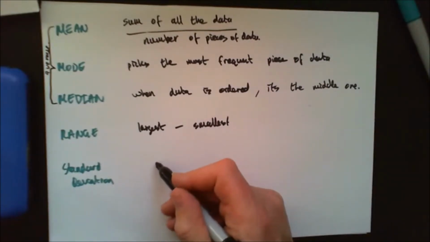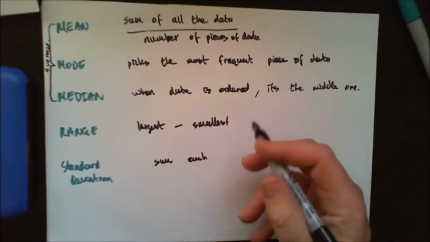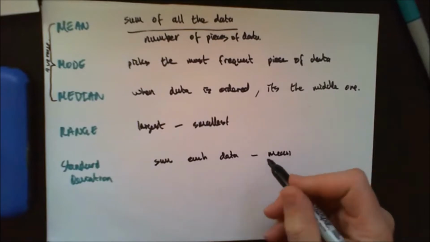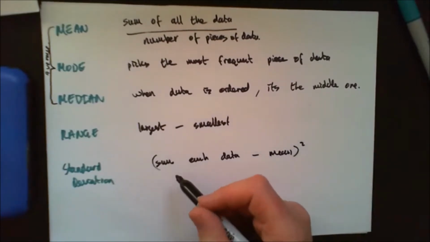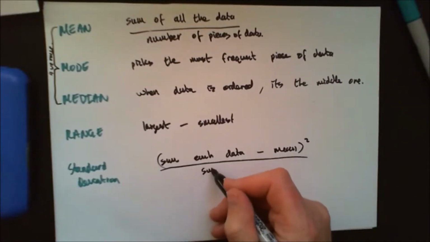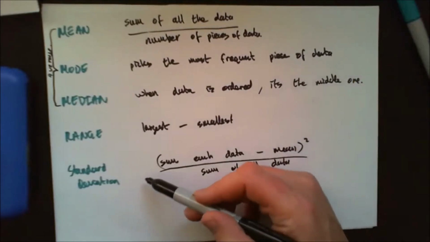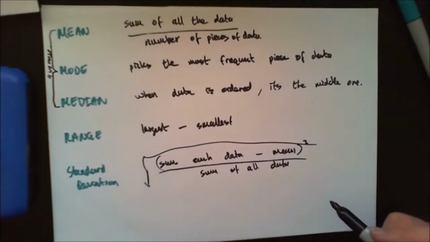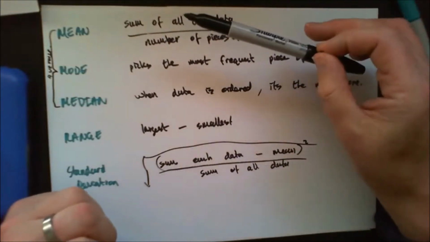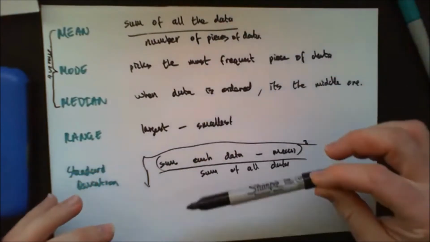It's the sum of each piece of data minus the mean, squared, divided by the number of pieces of data. The hardest part, square root it. So that's the tough one with that one. This one's the toughest one.